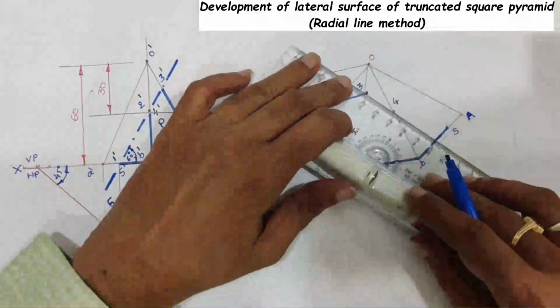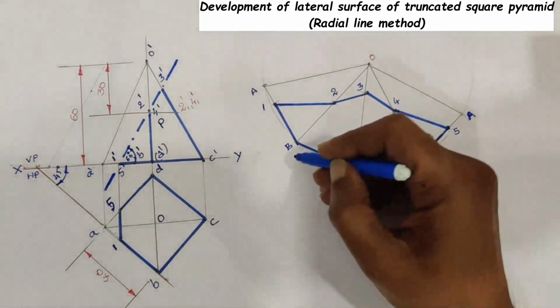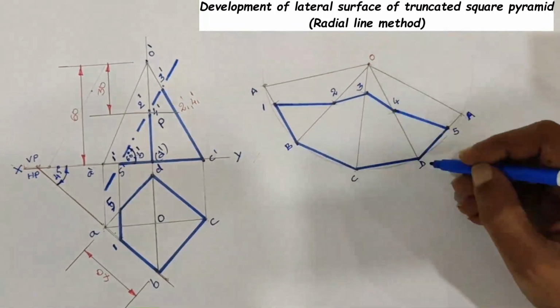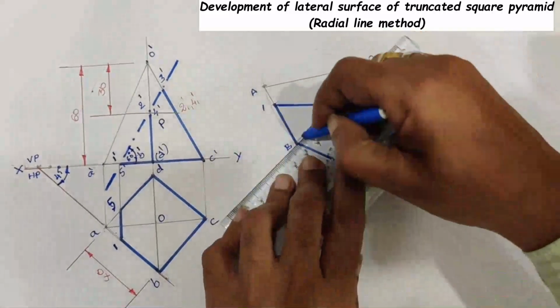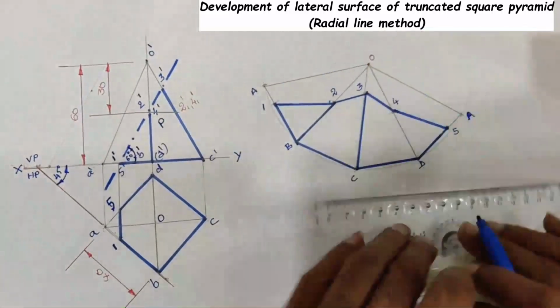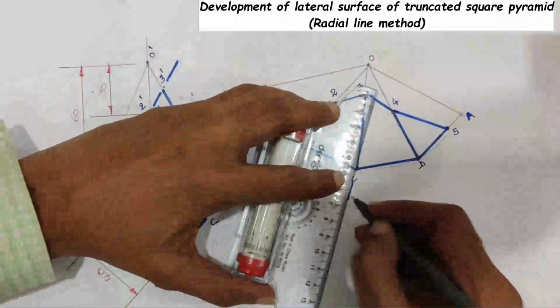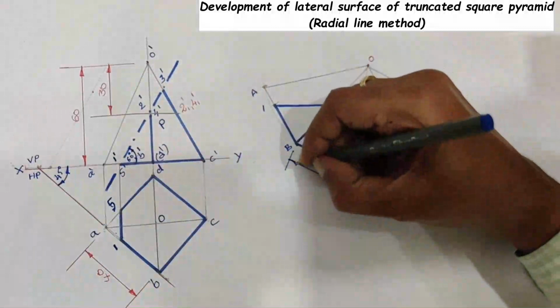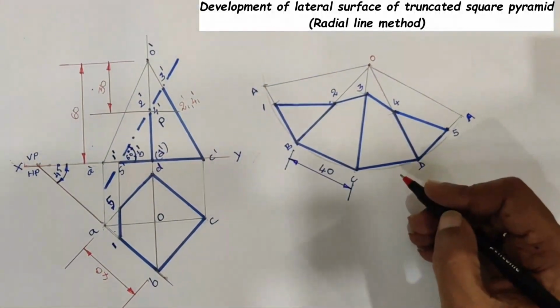Then draw the part of the face edges of a square pyramid, say B2, C3 and D4. This is the required development of the truncated square pyramid.